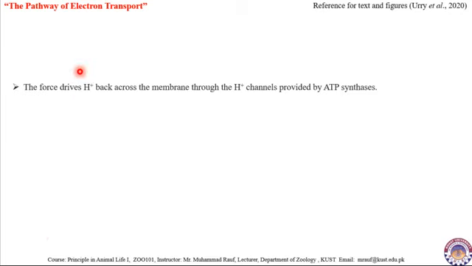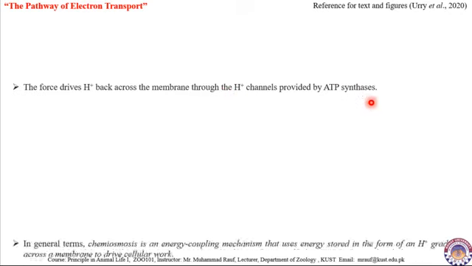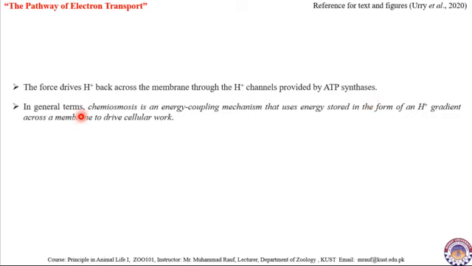The force drives hydrogen ions back across the membrane through the hydrogen channels provided by ATP synthase. In general terms, chemiosmosis is an energy coupling mechanism that uses energy stored in the form of an H ion gradient across a membrane to drive cellular work.